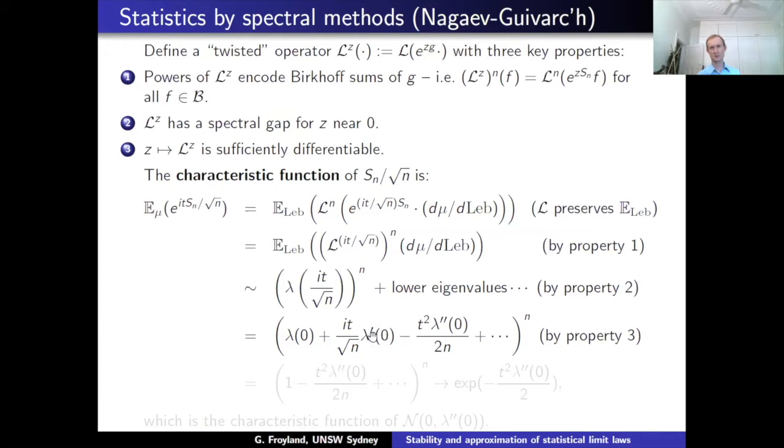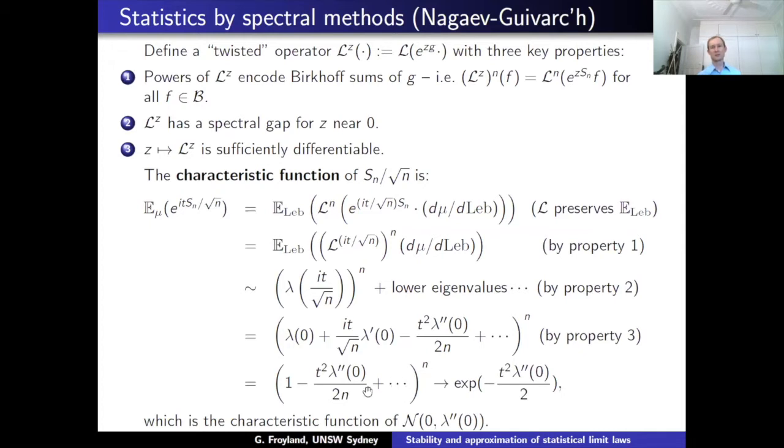It's essentially because our observation has mean 0. So this will go away. And what we're left with is lambda naught, which is 1. Okay, that's the spectral radius was 1 for the untwisted operator. We have this term again, and then we have other terms which again you can show go away.